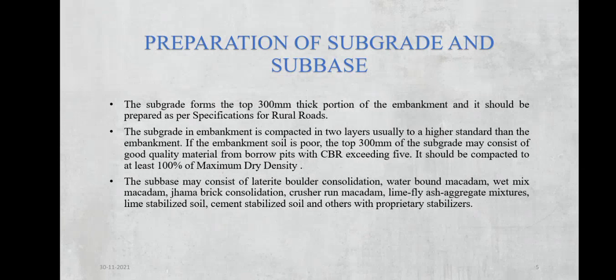If the soil is poor, then the 300 mm of subgrade may consist of good quality material from borrow pits with CBR exceeding 5. The subbase may consist of laterite, boulder consolidation, and water bound macadam or wet mix macadam. Chhama brick can also be used, and other materials such as cement stabilized soil with other stabilizers.